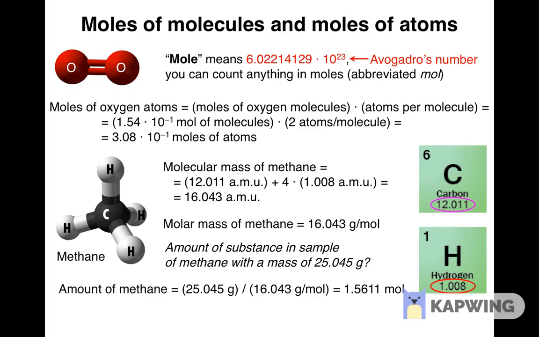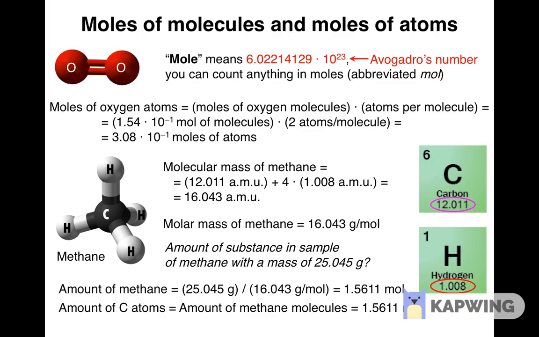How many moles of carbon atoms do we have in this sample of methane? Because there is 1 carbon atom in each methane molecule, there are 1.5611 moles of carbon atoms in 1.5611 moles of methane molecules. How many moles of hydrogen atoms do we have in this sample of methane? Pause the video for a moment and try to figure this out.